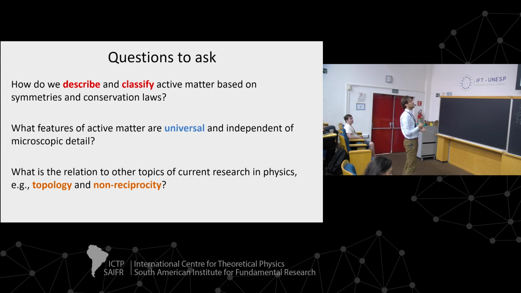The power of that is that we can then make contact between different systems, so we can ask what features of active matter are universal, independent of the microscopic detail, and rather consequences of more general ideas like symmetries and conservation laws.